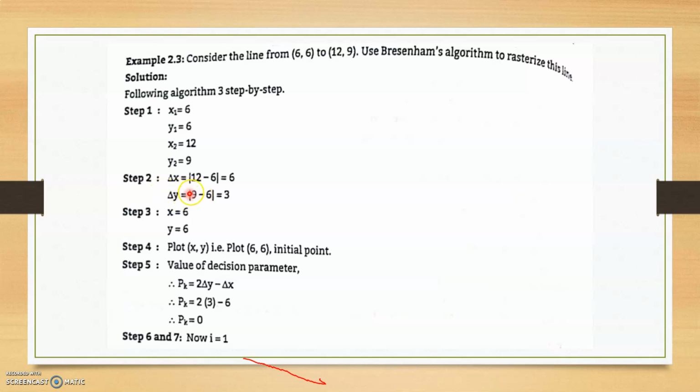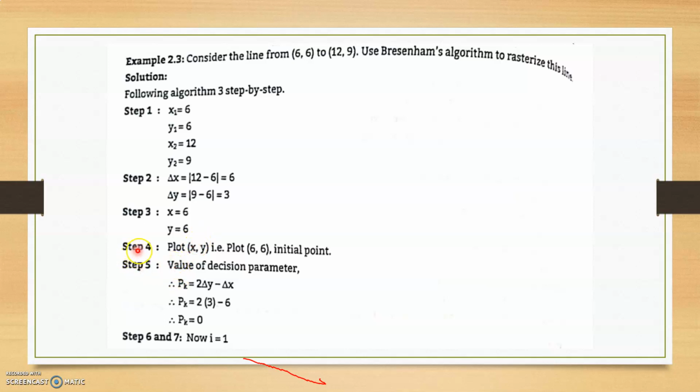Delta x equals the absolute value of x2 minus x1, that is 6, and delta y equals the absolute value of y2 minus y1, that is 3. Then in the next step, we assign x equals x1, that is 6, and y equals y1, that is 6. For reference, you can see the previous slide.